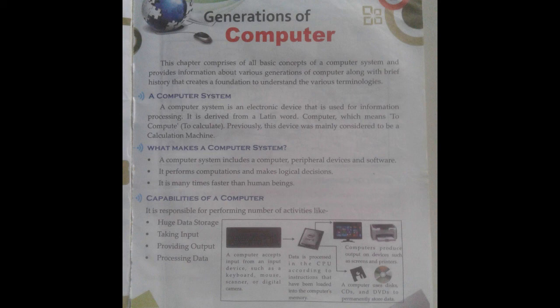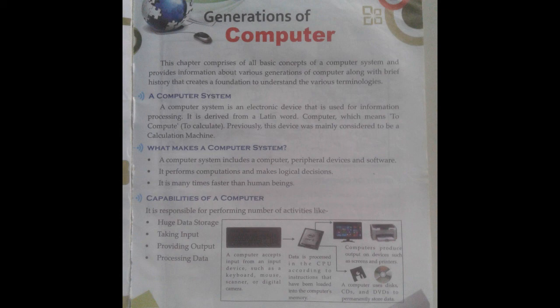So let's see what our first heading says. The first heading of this chapter is a computer system. A computer is an electronic device that is used for training, education and research.